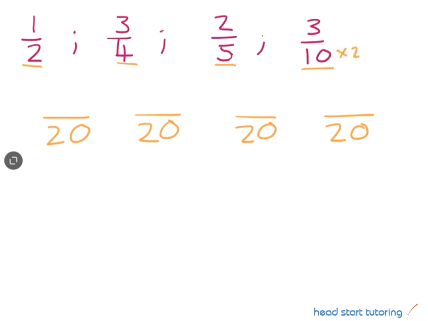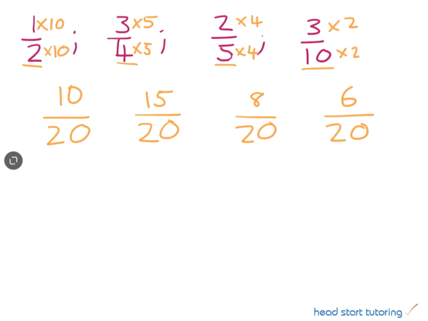So I multiplied 10 by 2 to get 20, so I multiply my 3 by 2 to get 6. I multiplied my 5 by 4 to get 20, so I multiplied my 2 by 4 to get 8. I multiplied my 4 by 5 to get 20, so 3 times 5 is equal to 15. 2 times 10 gave me 20, so 1 times 10 is 10.